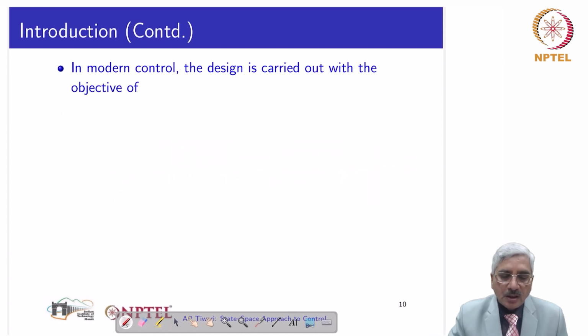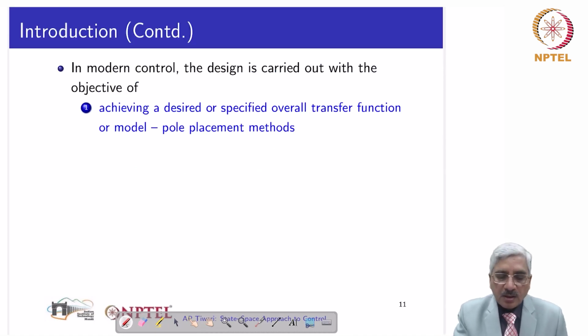In contrast to all these things, in modern control, the design is carried out with two types of objectives. One objective is achieving a desired specified overall transfer function or model, and the methods falling into this category are called pole placement methods.